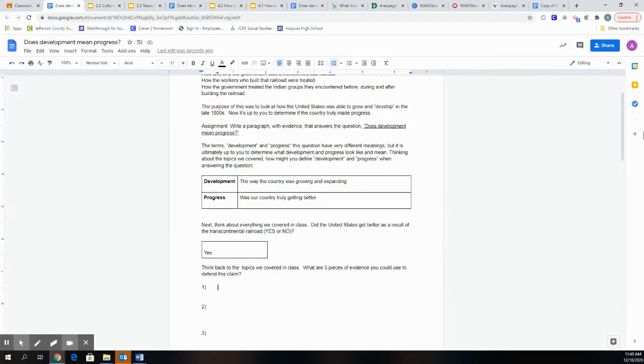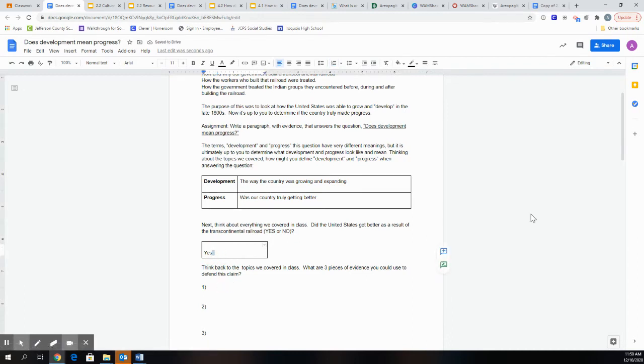So you might want to say there were millions or even billions of dollars being made building these railroads. That's a good thing. Even if it is making a couple of people rich, it is still providing jobs for people. So that's just one piece of evidence that you could use for yes, development does mean progress.